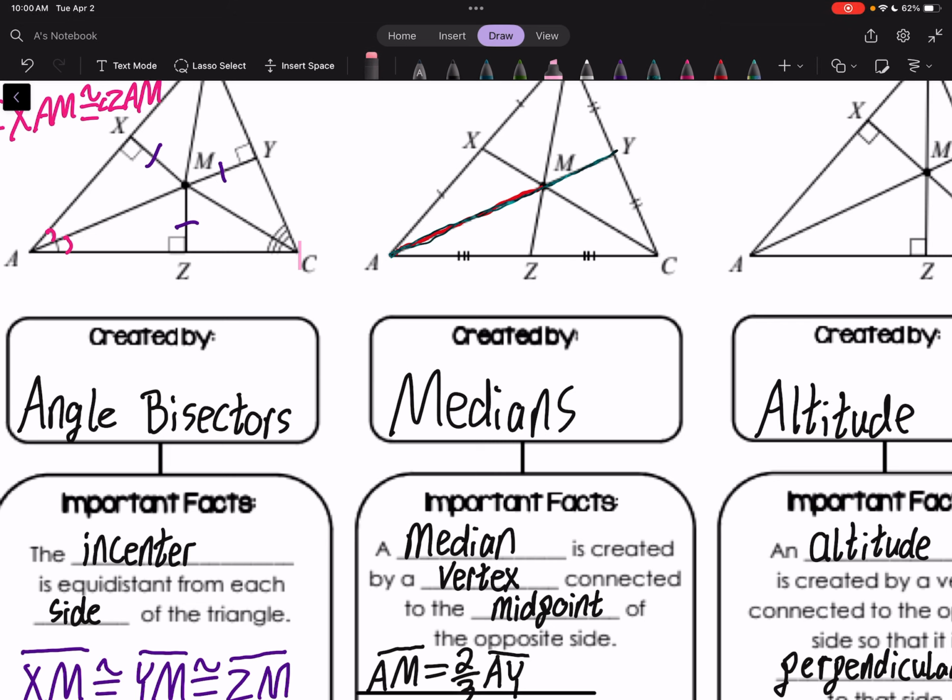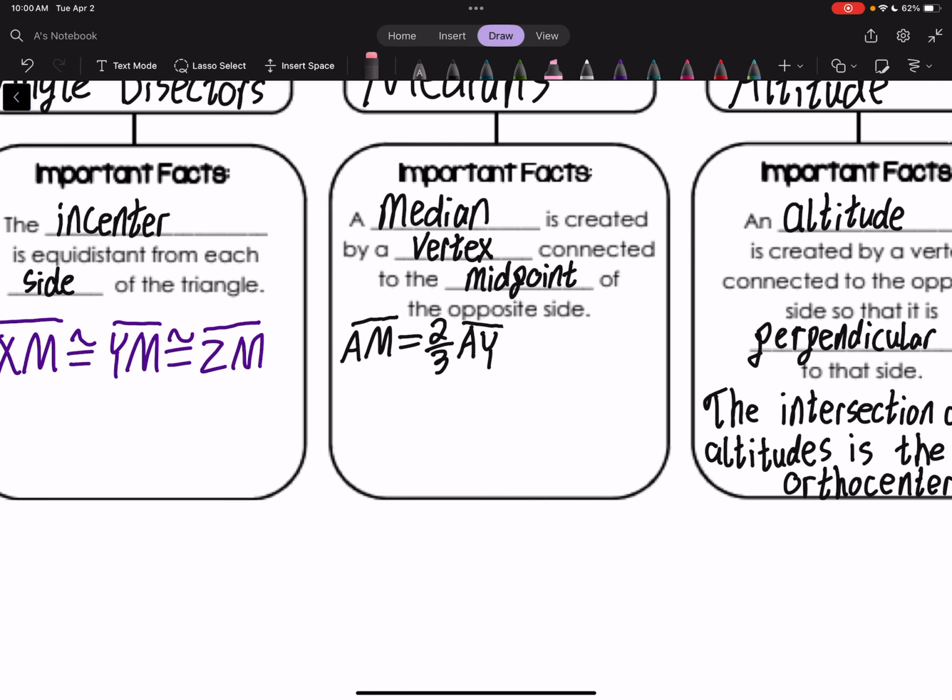Okay? I can't really show you that one, but I'm going to show you the next two in just a second.